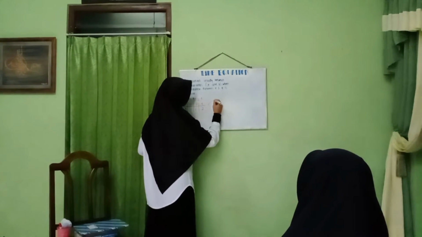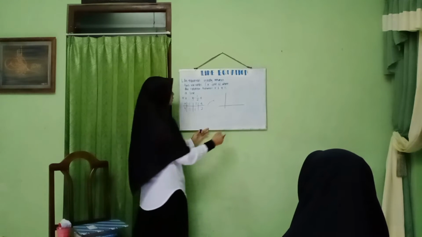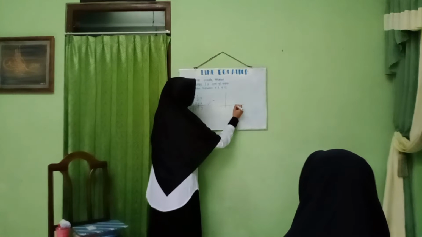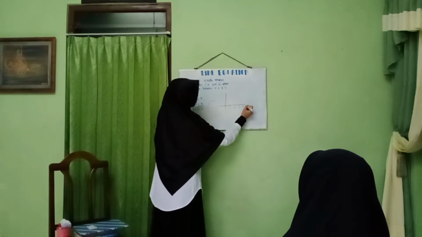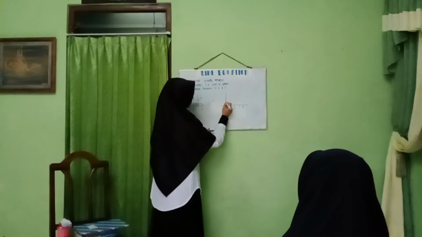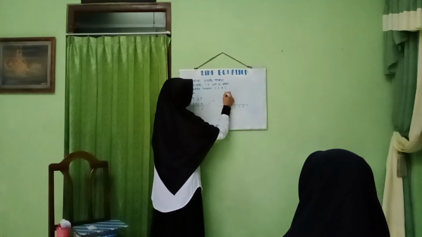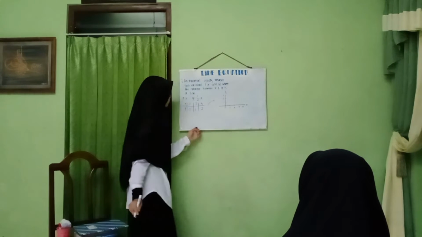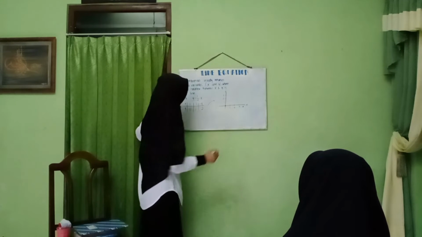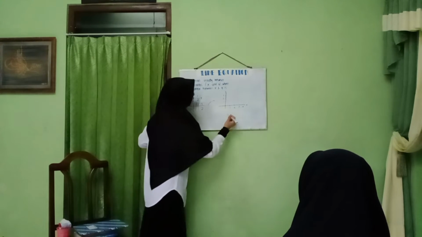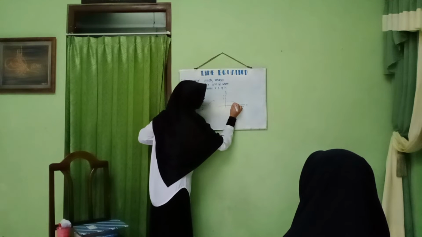Now, we want to draw these points in a coordinate plane. I want to draw in here. This is 1, 2, 3, 4 on the x-axis and 1, 2, 3 on the y-axis. This is 0, 0. It is here. 2, 1: the x is 2 and y is 1, so it is here.